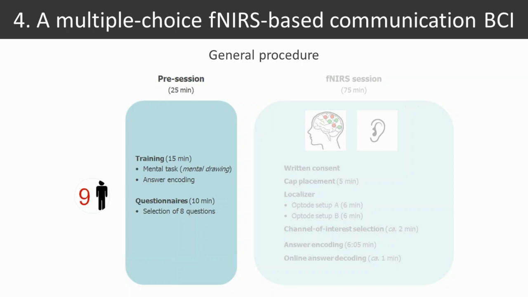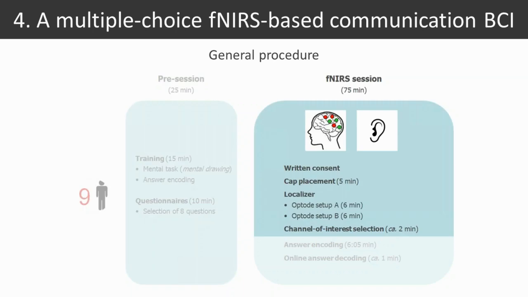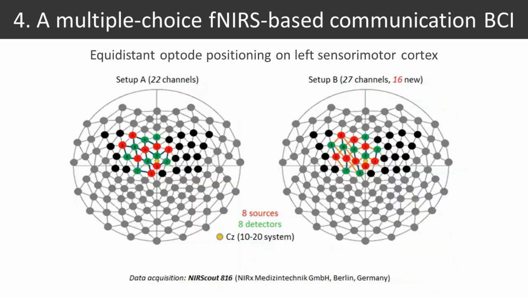From these questions, we then started the fNIRS session, which took about 75 minutes, and all this typical procedure. We placed the cap, which took 5 minutes. Then we had the localizer, 2 localizers actually, about 8 minutes per localizer, with 2 setups. This was in order to get better coverage of the brain.